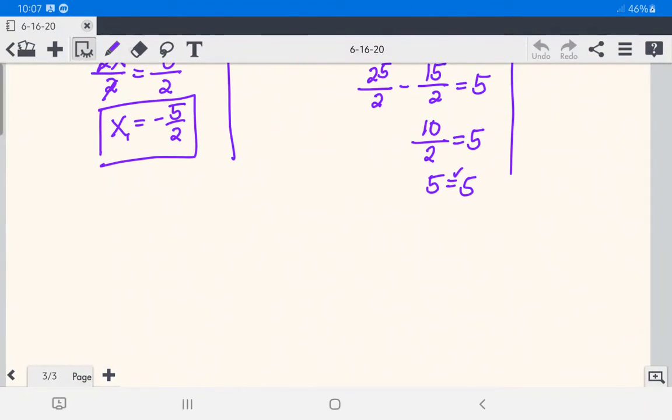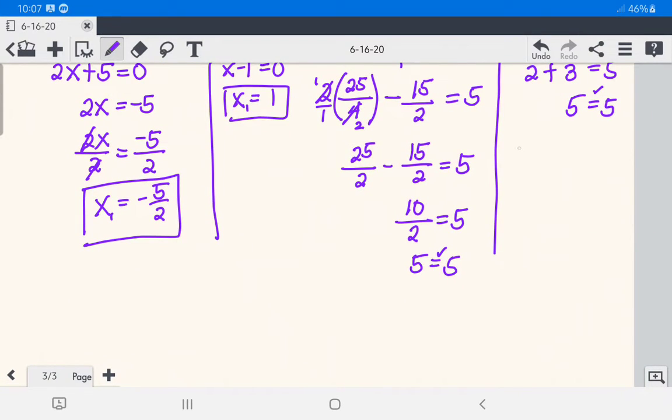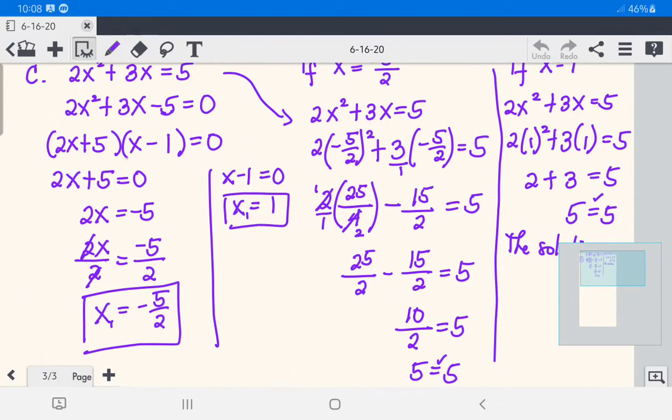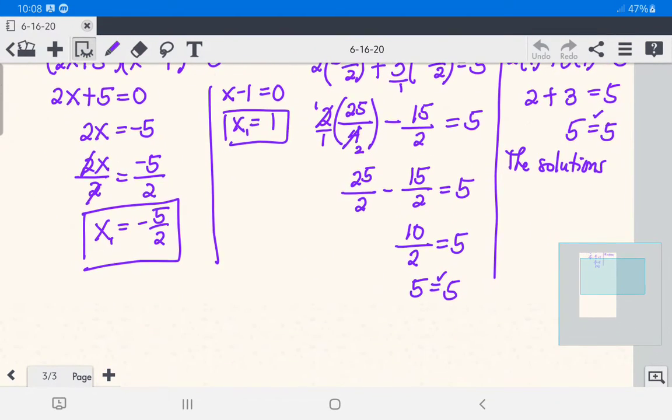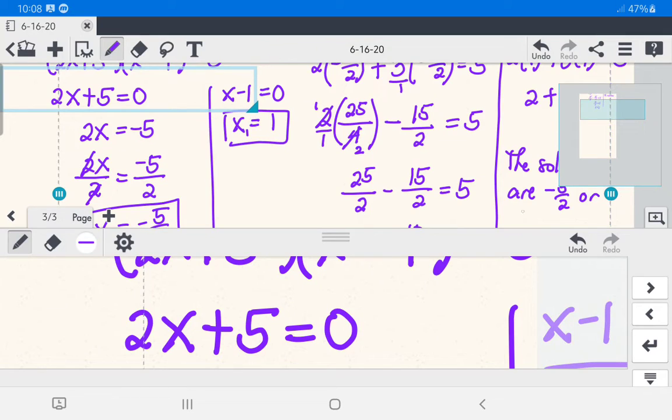Therefore, the solutions of the equation 2x squared plus 3x equals 5 are negative 5 over 2 or 1.